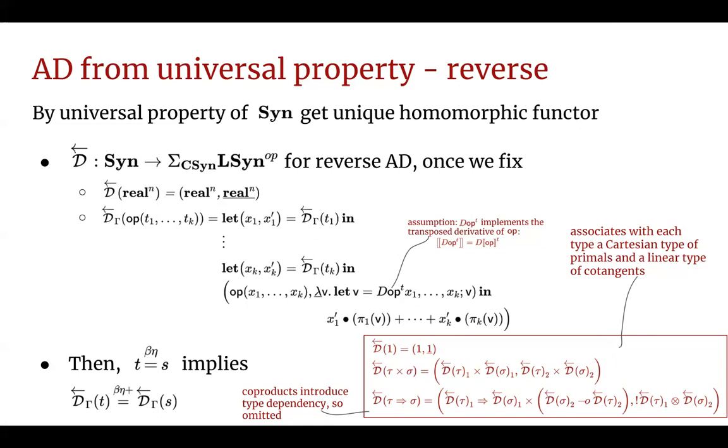Yeah, that's a good question. I don't really know yet. I need to look more at the relation with differential categories, but my understanding was that differential categories are mostly related to forward AD. And now recently, there are also these reverse differential categories that were related to reverse AD.